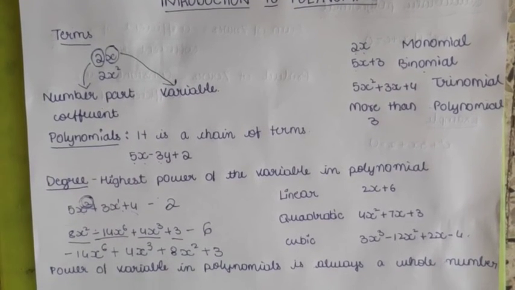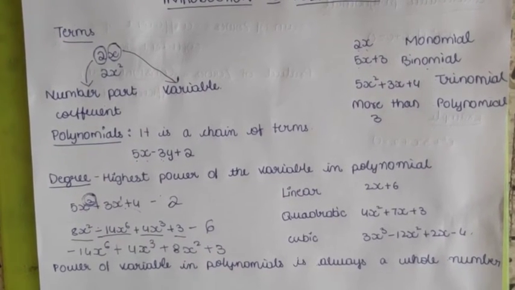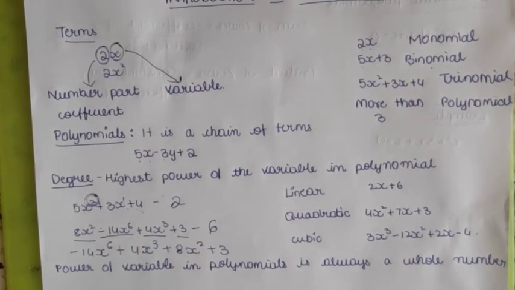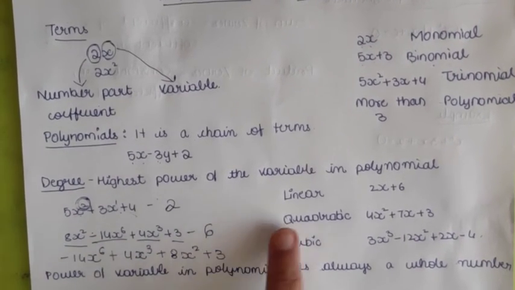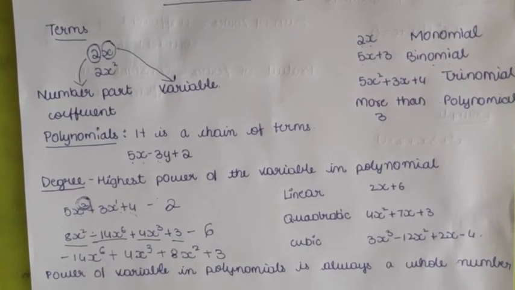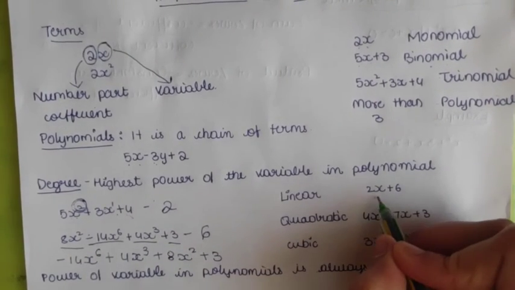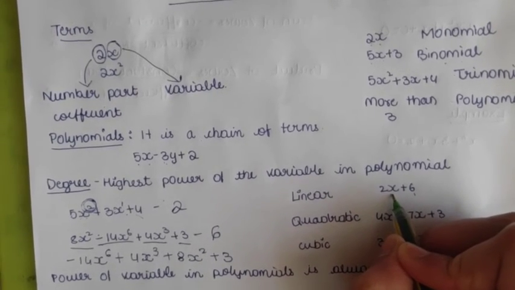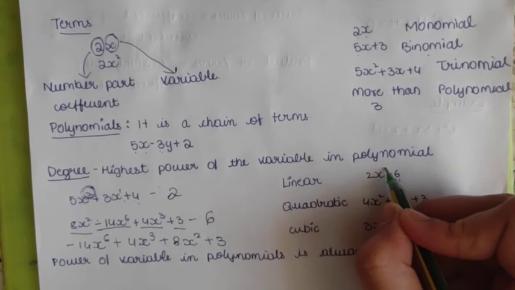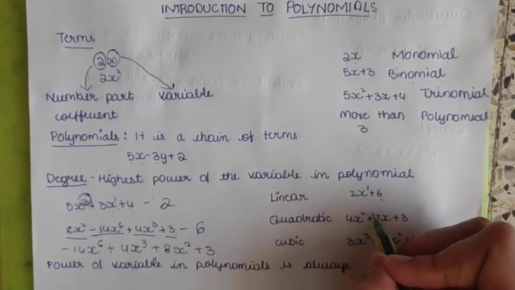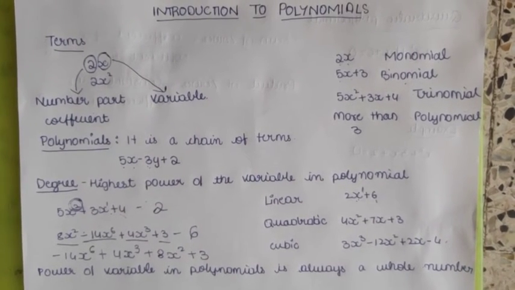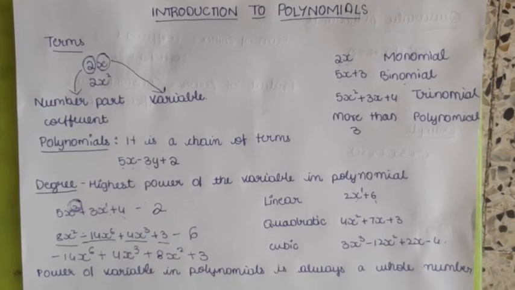Okay. Now let's see what linear, quadratic and cubic polynomials are. Linear means which has degree 1. For example, 2x plus 6. Here x is the variable and x has only degree 1. An equation which has degree 1 is called a linear equation.